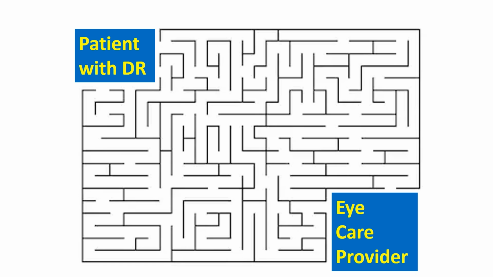Patients with DR may have visual impairment and mobility problems, and therefore may have difficulty with multiple visits to the eye clinic. They may also not be able to pay for multiple services. How can we address these problems? How can we strengthen the link between the services the patient is already receiving and the eye care services?